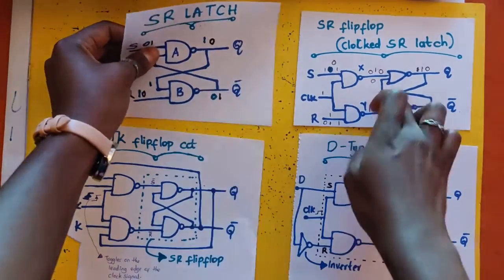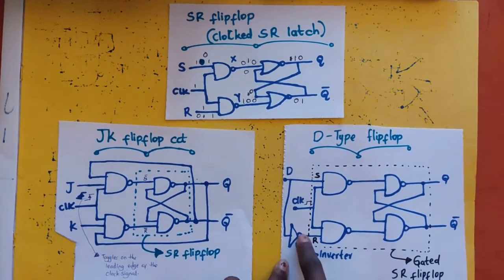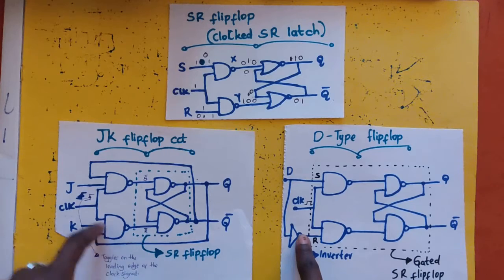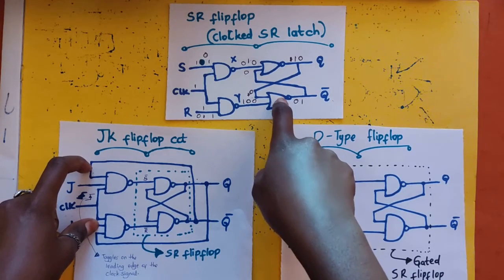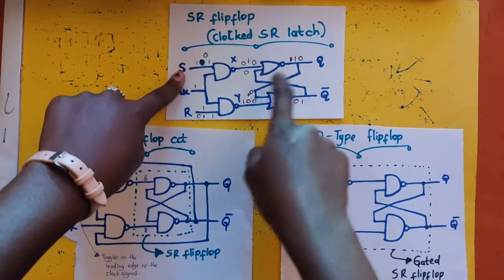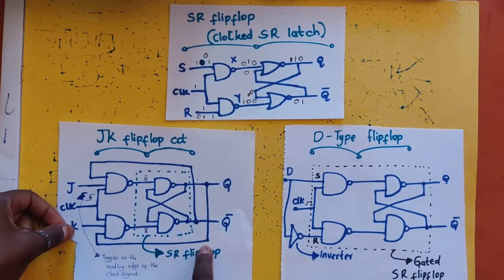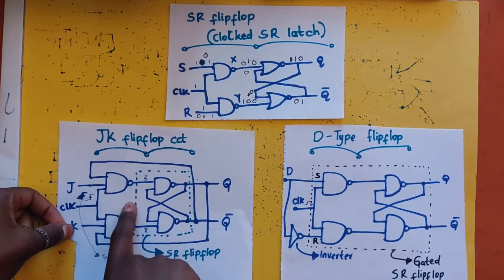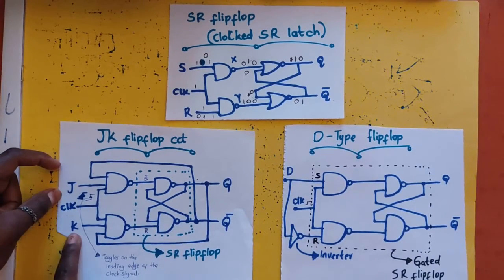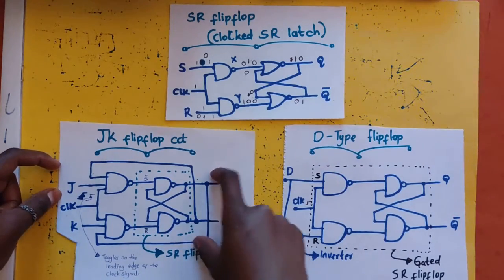We move from this to this, and all of these are derived from this. We just modify the input such that it reduces the undetermined state. Here we have the 1 1, which is undetermined, and therefore using this, when we get a 1 1, the output goes to the input, and therefore you are able to toggle the state instead of having an invalid or unknown state.